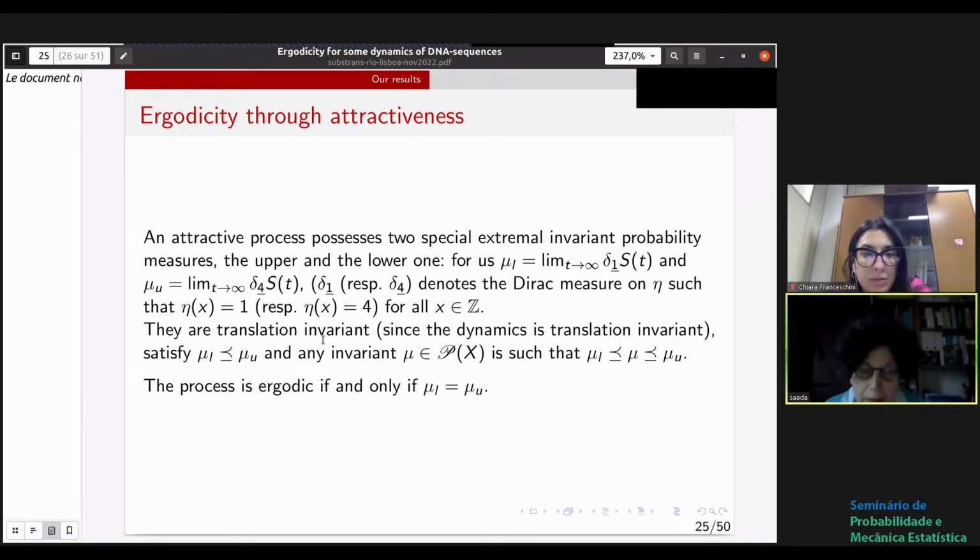And the mu upper would be the limit of delta_4 S_t. 4 is the largest value. And we know these measures are translation invariant because our dynamics is translation invariant. And you know that they satisfy that mu_L is less than mu_U, and any invariant measure is between those two. And to prove ergodicity, we have to prove that those two extremal measures are equal.